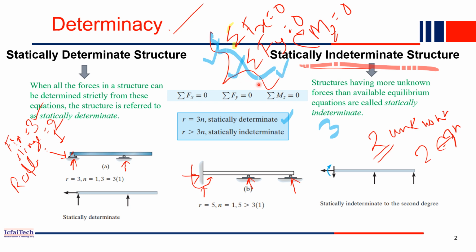We need something extra. That's why we call this beam a statically indeterminate beam of order 2. Out of 5 unknowns, 3 can be calculated using the equilibrium equations, but 2 we can't. So that's what we call a 2-degree statically indeterminate beam.